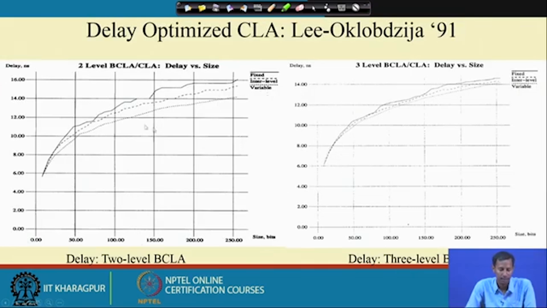Okay. And if you just see the performance of this delay optimized CLA, the straight line is the first one, and this is basically the delay, and this is the size, the number of bits, that means the number of n if I consider.